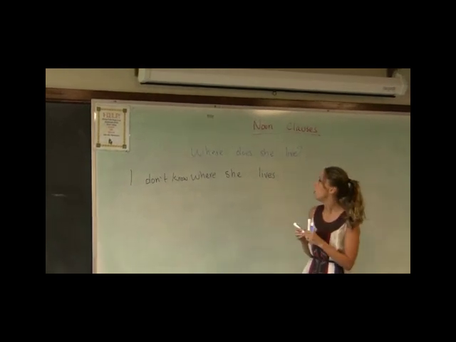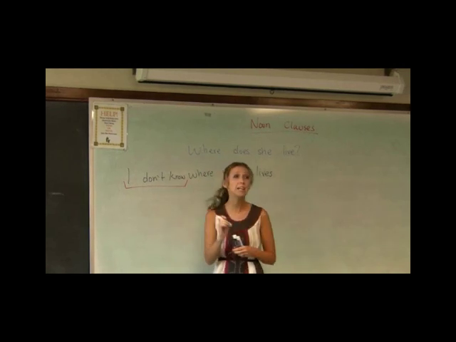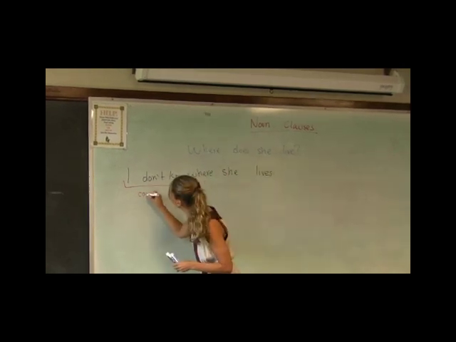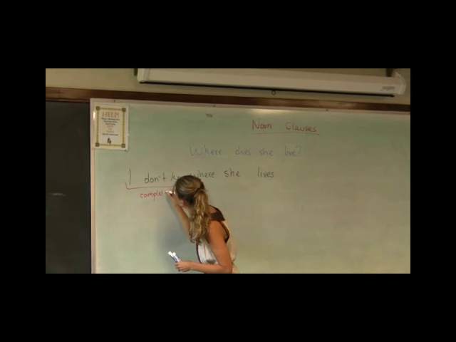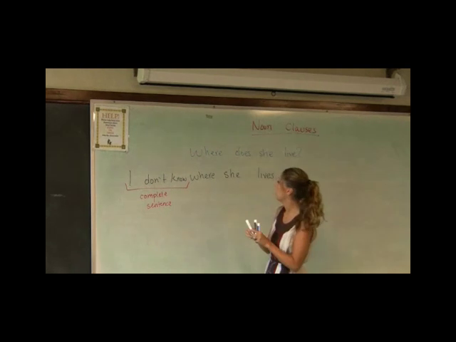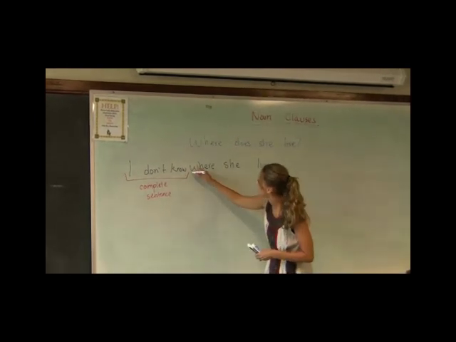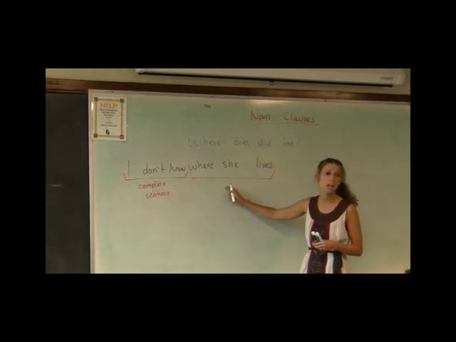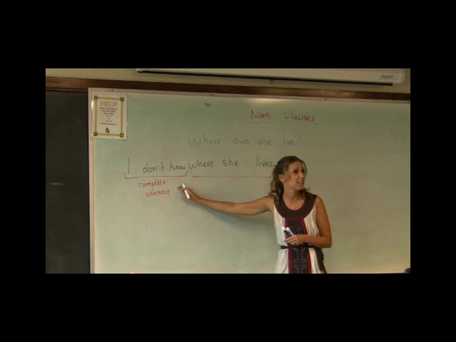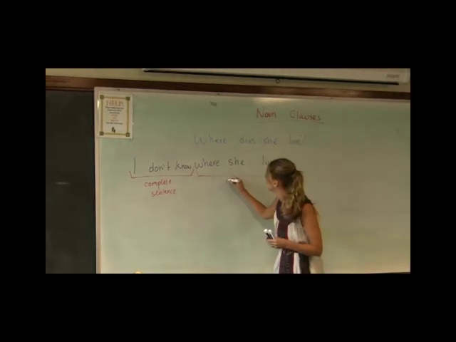So we can take the first sentence, which was a complete clause. This was a complete sentence. And then we can put another part, a little more information, but as we saw, this cannot be alone. It goes together with the complete sentence. It's an incomplete sentence, and we call it a noun clause.